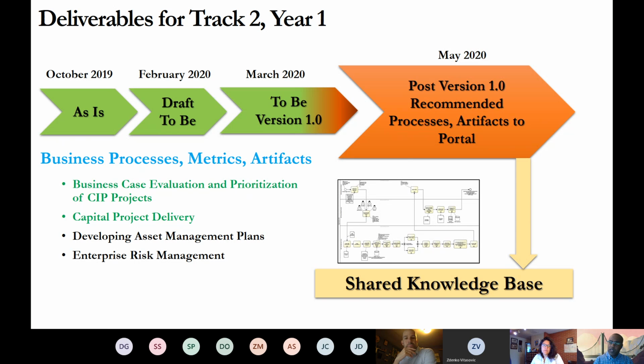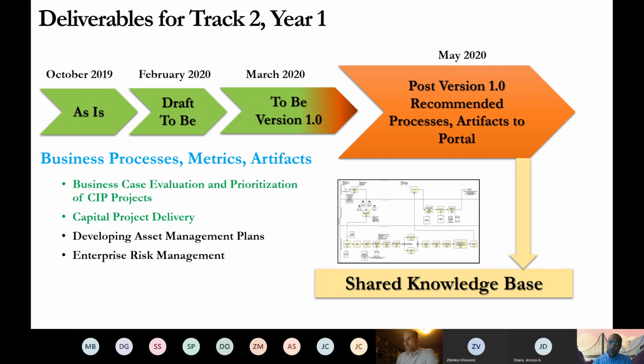After the modules have been finalized, we collect all the information and prepare a report, and then post it in our SharePoint site or OneDrive site, where the information, artifacts, processes, challenges, and metrics are posted for our use. So, as I said, there are business processes, metrics and artifacts.